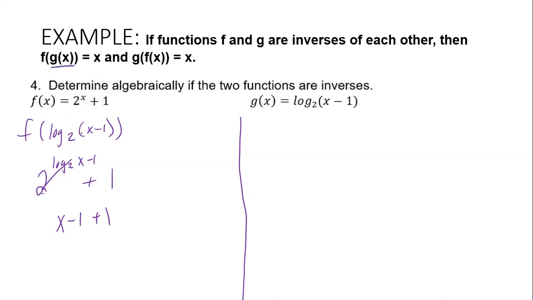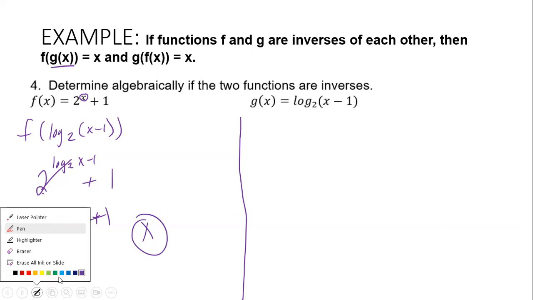Doing this part first, the g of x. And g of x is log base 2 of x minus 1, so where x is, it now becomes log base 2 of x minus 1. They cancel each other out. If the base of the log and the base of the exponential are the same, they cancel each other out. Got it? And we're left with x. So that side checks out.